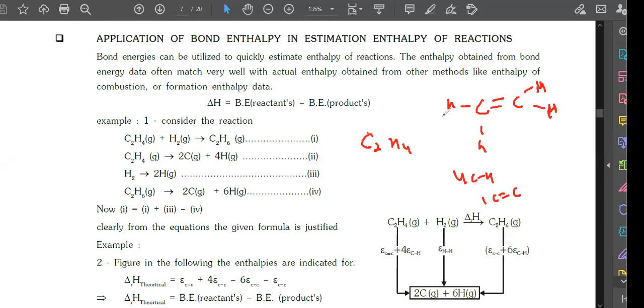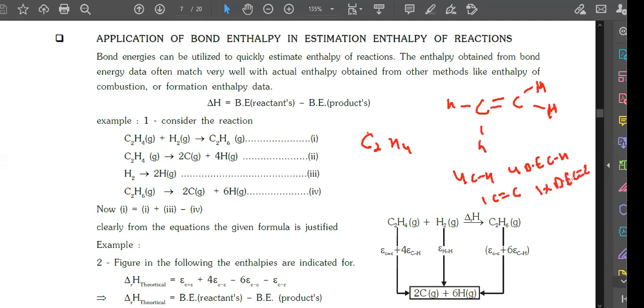So the total enthalpy to break this is 4 into bond energy of the CH bond and 1 into bond energy of the C double bond C bond.